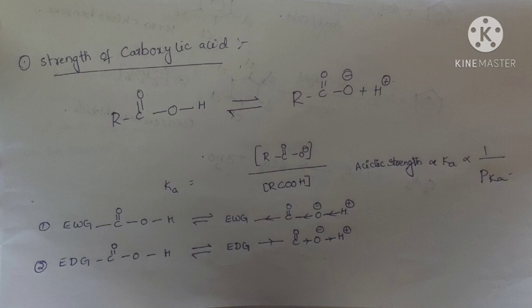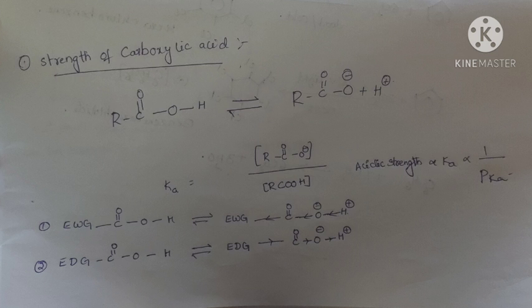In strength of carboxylic acid, one of the applications of inductive effect, the acid strength is measured by the position of equilibrium of ionization of water. The water molecular formula is H2O, and ionization of water means H plus and OH minus.